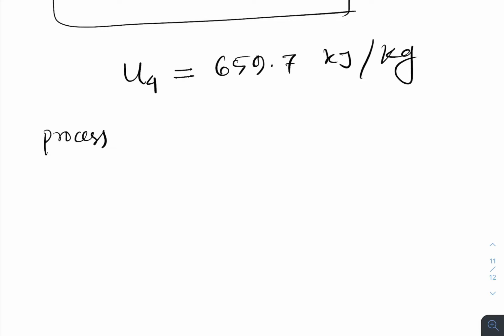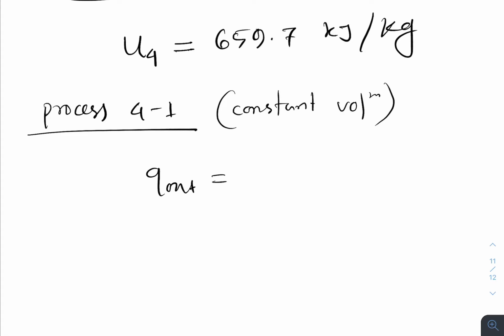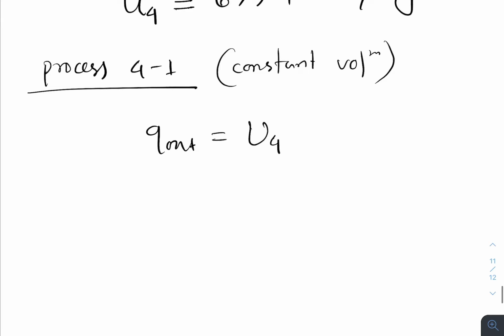Now we can determine Q out. For process 4 to 1, where the heat rejection is happening, and it is a constant volume process, Q out equals U4 minus U1.